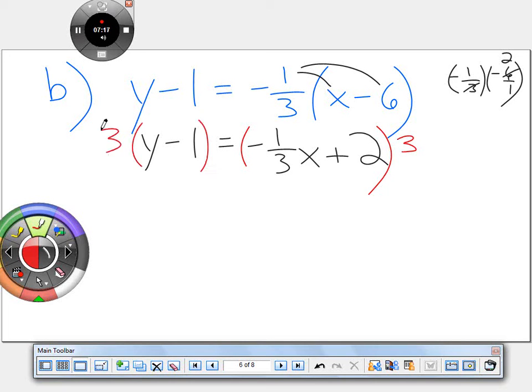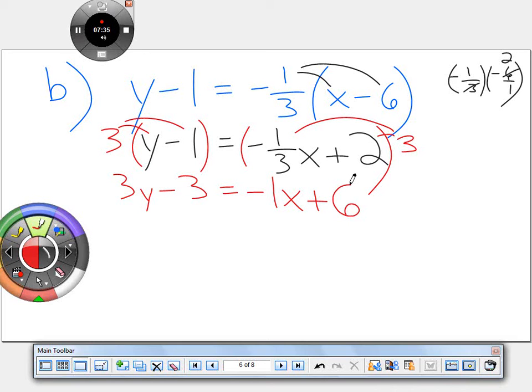So that'll be 3y, distributing here, 3y minus 3. And then over on the right side, the 3 gets distributed. So it's going to be negative 1x, and then plus 6. That's what we have so far.